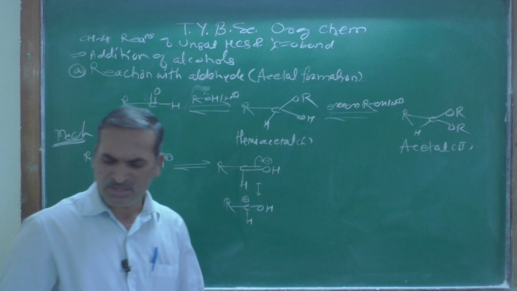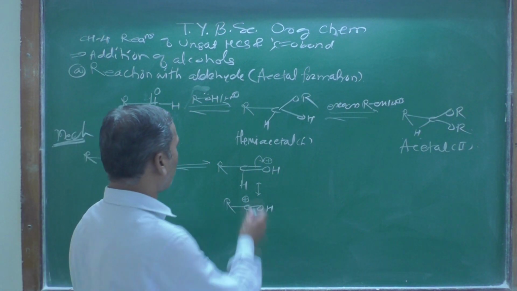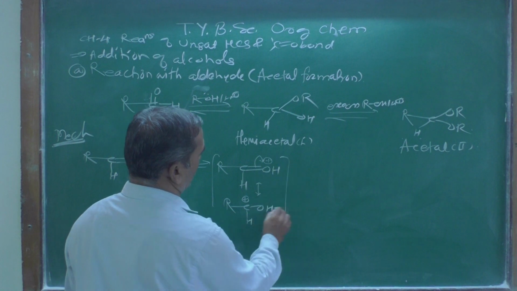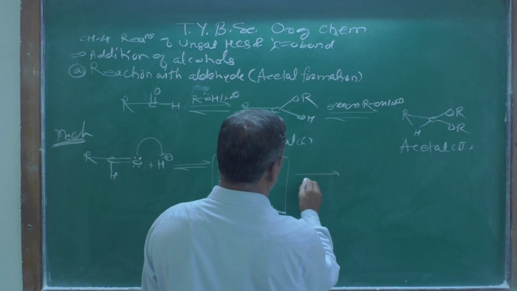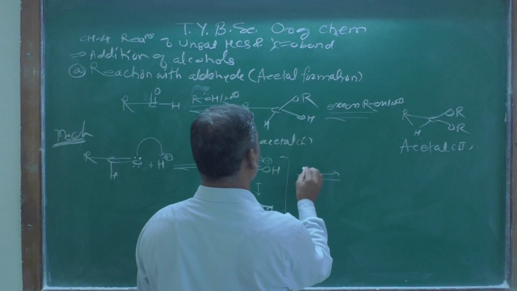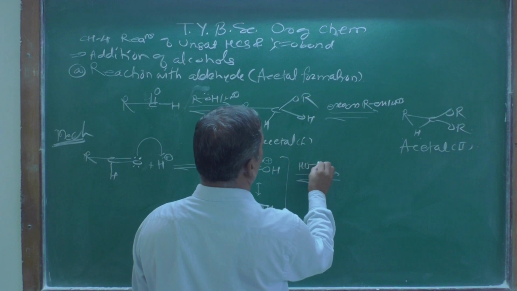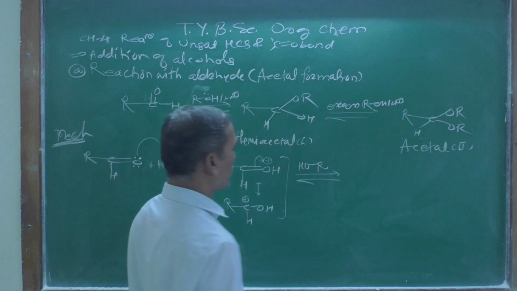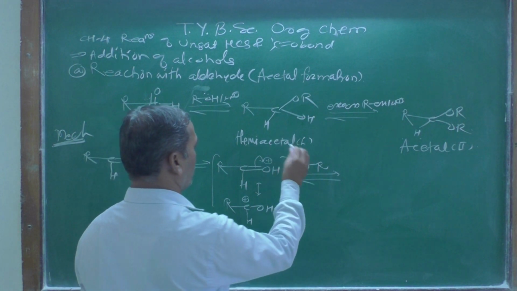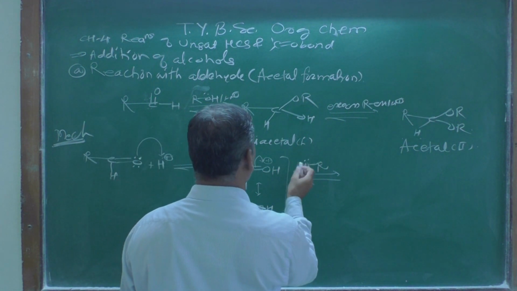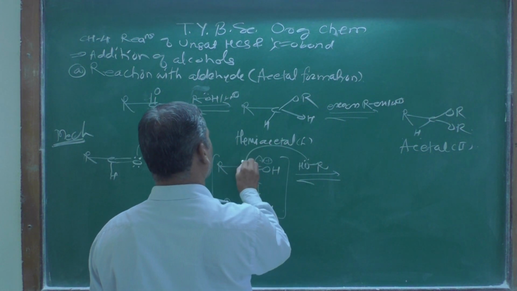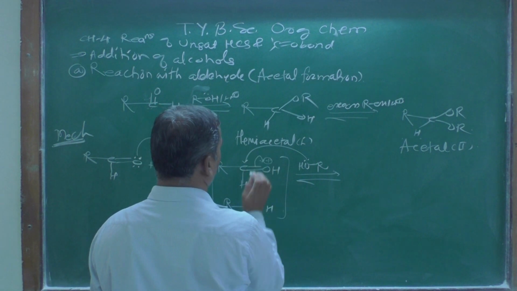So this type of thing may happen, and now we can add alcohol, HO, then R. I am also taking it as a general reaction. The alcohol is going to attack over here, and this gets removed.